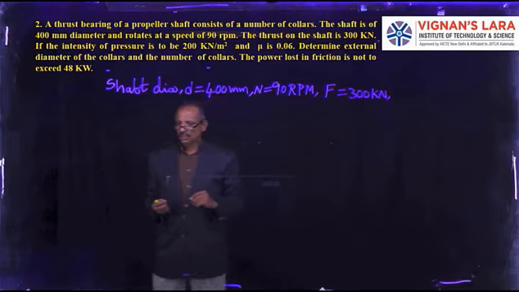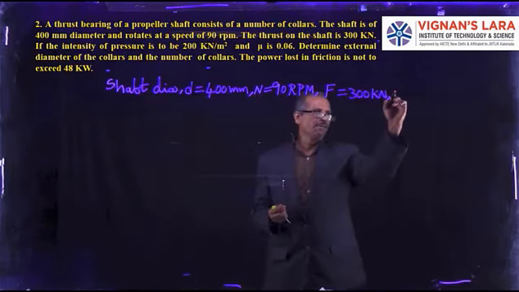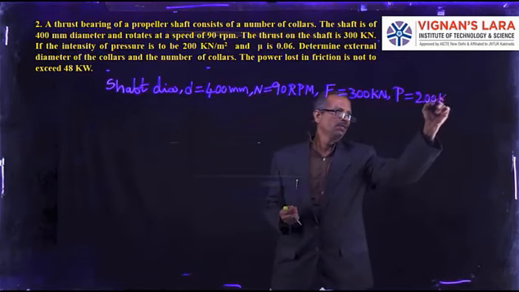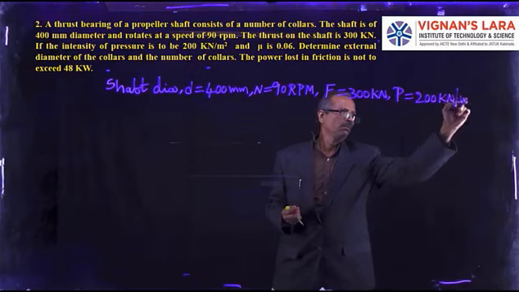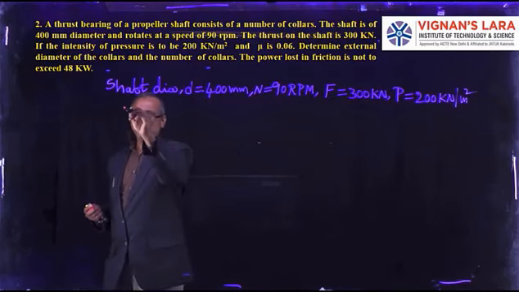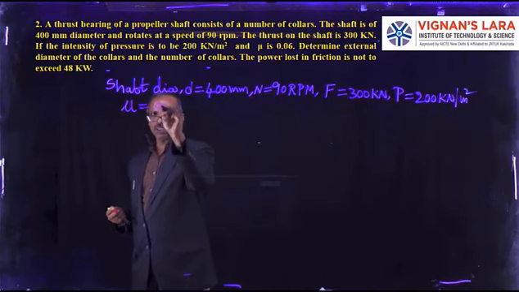If the intensity of the pressure is to be 200 kilonewton per meter square, that is p = 200 kilonewton per meter square, and the coefficient of friction is 0.06.